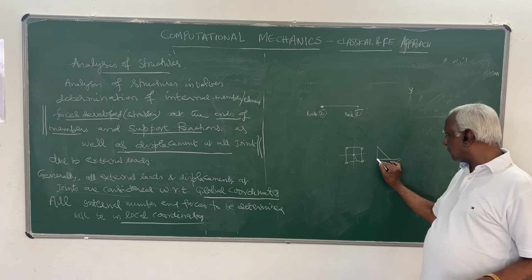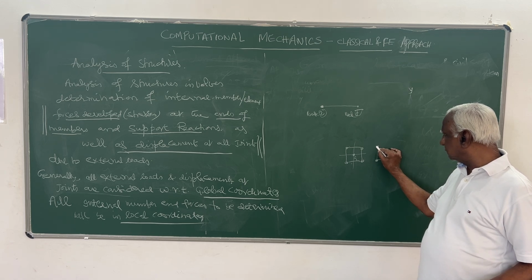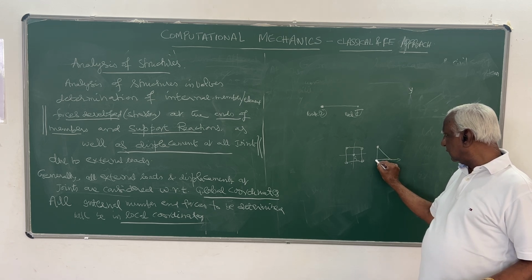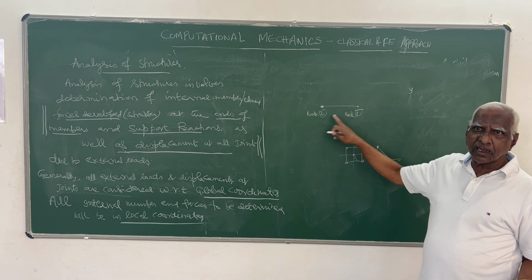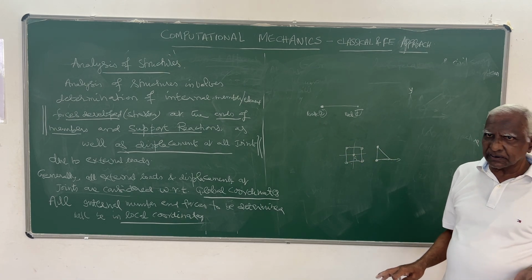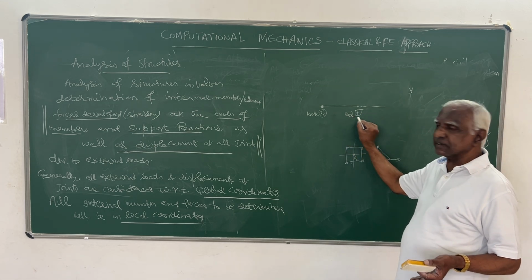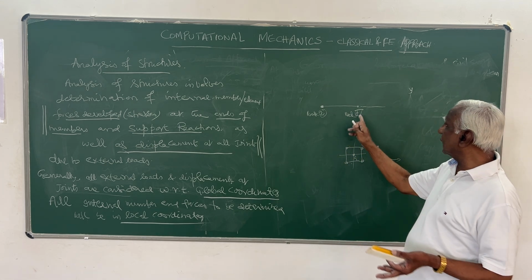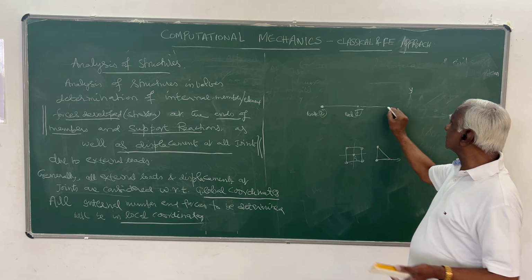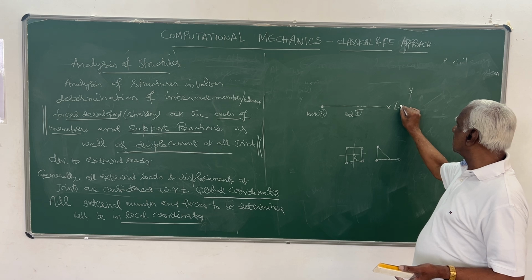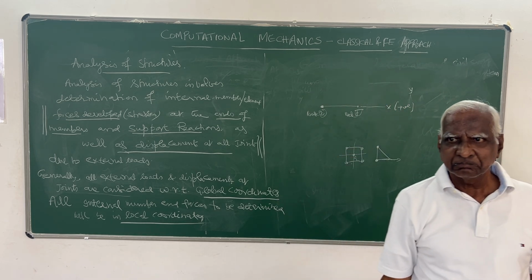Here, we have to identify one origin. Generally, we select one of the nodes, either I or J, as the origin, and axis from I to J. If you select J as the origin, J to I is always taken as positive local coordinate direction.